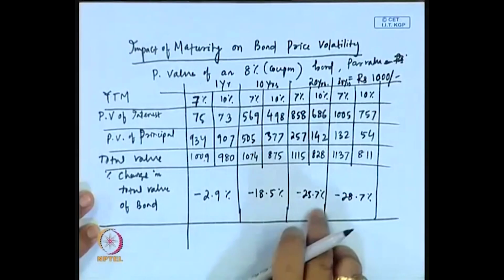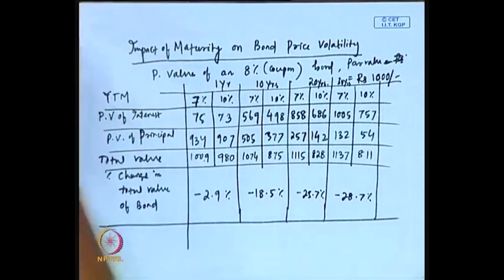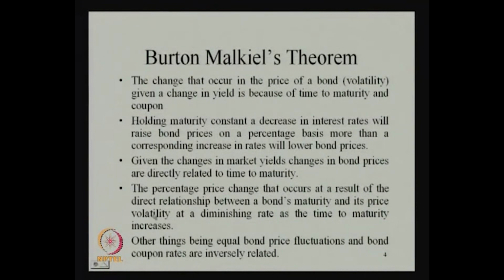Another observation, the fourth point: the percentage price change that occurs as a result of the direct relationship between the bond's maturity and its price volatility occurs at a diminishing rate as the time to maturity increases.